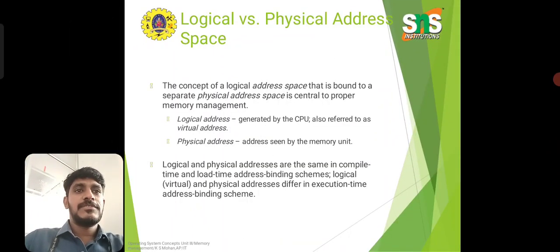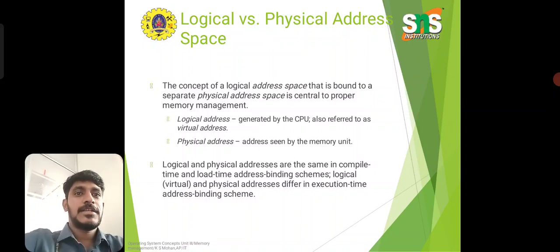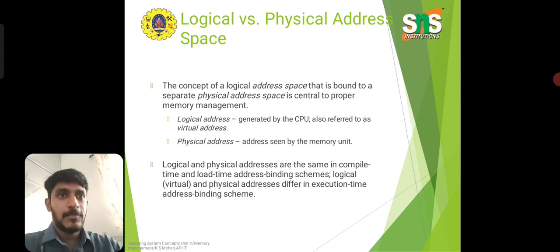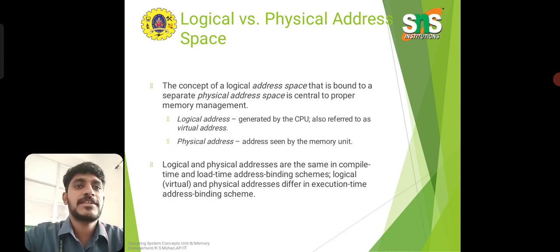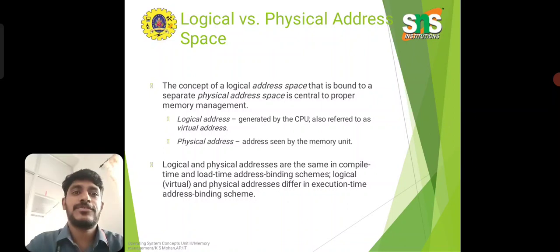Next, the logical versus physical address space. In this topic, we discuss the logical versus physical address space. The concept of a logical address space is that it is bound to a separate physical address space. Normally, the logical address is generated by the CPU and is also referred to as a virtual address.